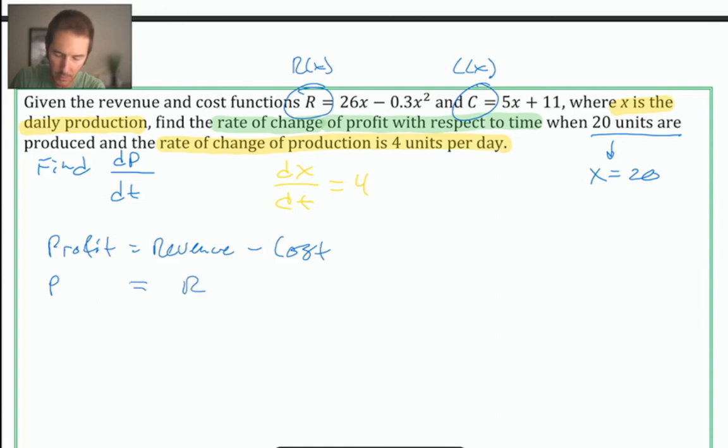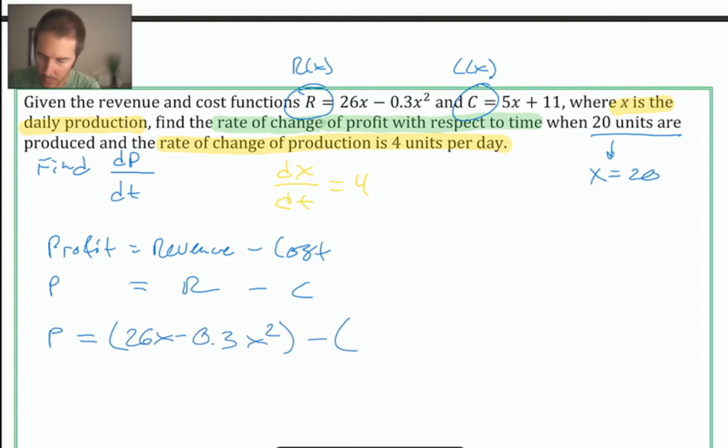I'm just going to write P equals R minus C, and let's tighten this up a little bit and write it as P equals the revenue equation, 26x minus 0.3x squared, minus the cost equation, which must be in parentheses, 5x plus 11.